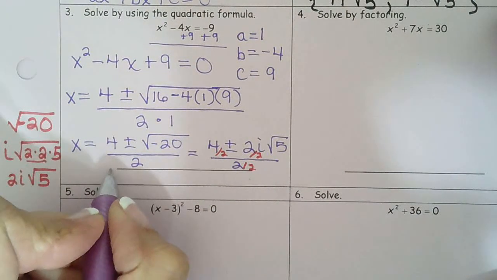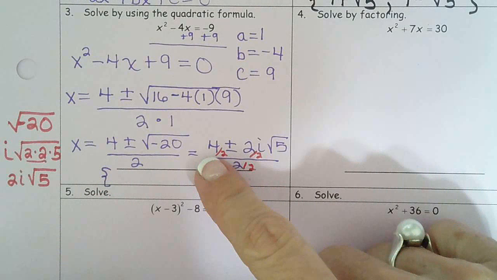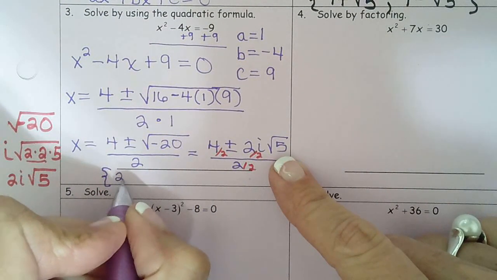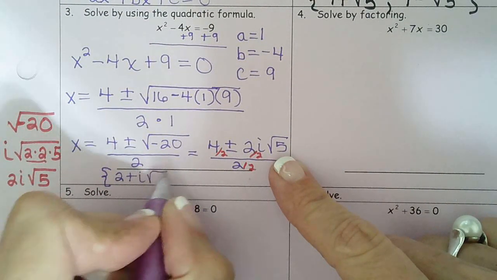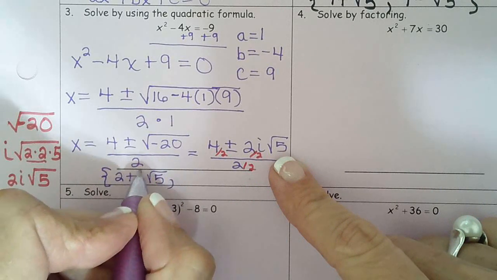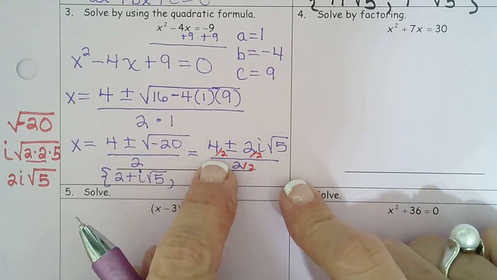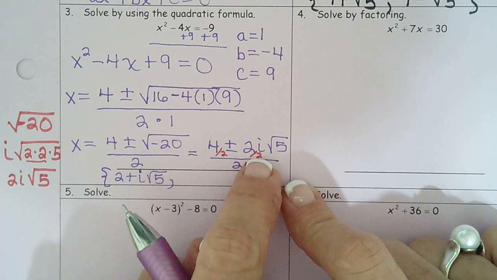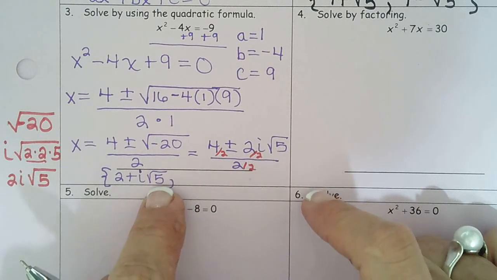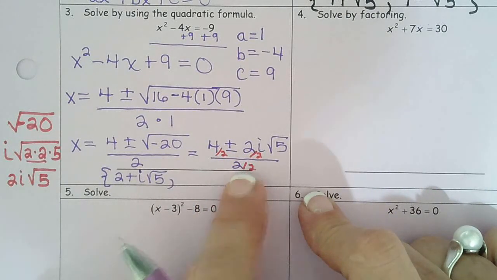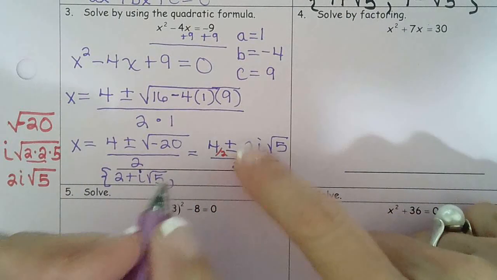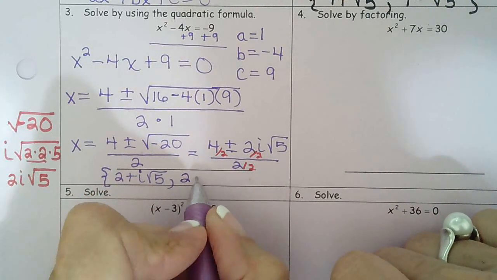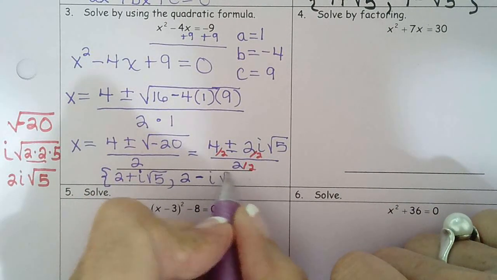So my two solutions are going to be 2 plus i rad 5. So 4 divided by 2 is 2. I did the first one plus 2 divided by 2 is 1i rad 5. And the denominator is 1, so we can ignore it. And then the second solution is 2 minus i rad 5.